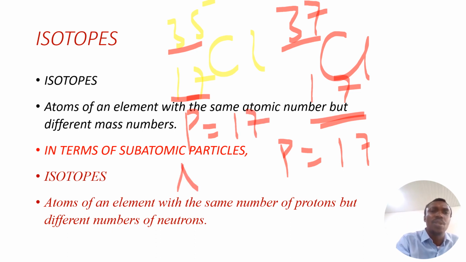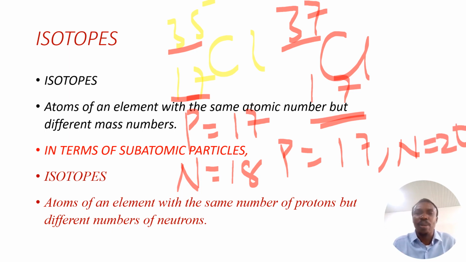Different number of neutrons. Neutrons here are 18, and neutrons here are 20. So that is what we mean by isotopes. This is an example of isotopes. We have other examples. They have the same number of protons, different number of neutrons, the same atomic number, different mass number.